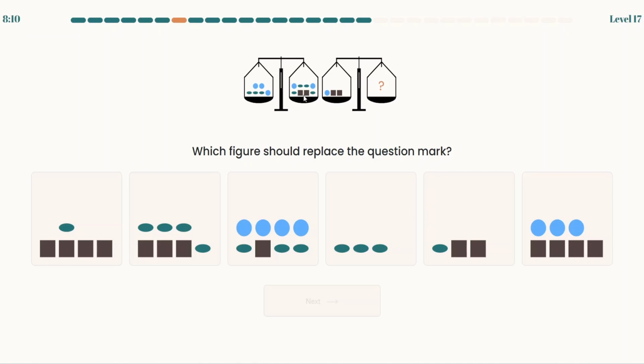So we can move 2 over. So it's 4 of them. 4 black squares plus 1 circle. 4 black squares plus 1 dot.